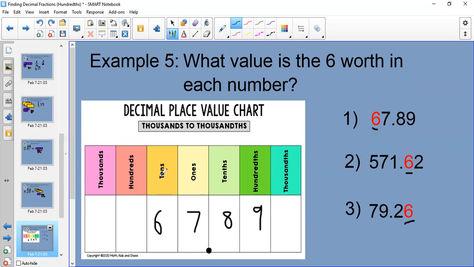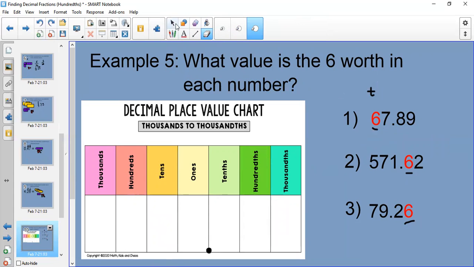So I've got 6 tens, which is worth 60. I've got 7 ones. Here's my decimal point. Here are my numbers that are not whole. I've got 8 tenths and 9 hundredths. So what is the 6 worth? Well, I know it's in my tens column, so I would just write T, or I could write tens. It's worth 60.